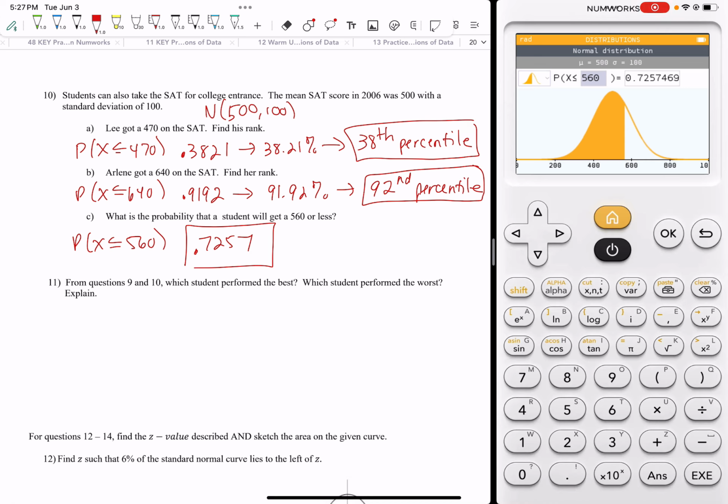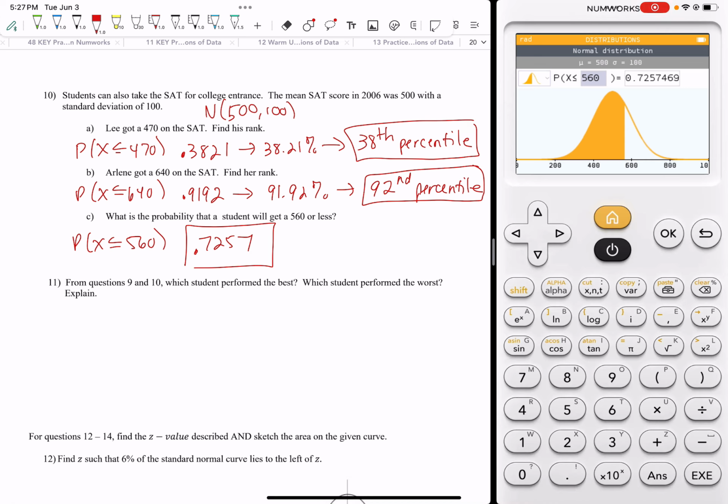Okay. From questions 9 and 10, which student performed the best? Which one performed the worst? Explain. So the nice thing about percentiles is it's hard to compare, right? Like the SAT to the ACT just based on scores because it's hard to figure out what's what. But the percentiles are ranking you, right?